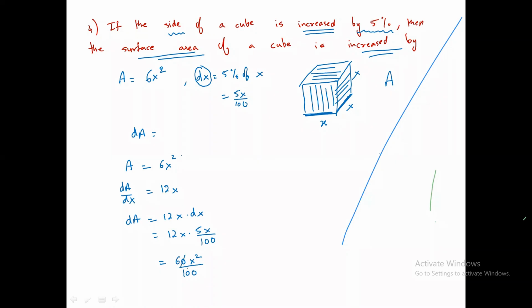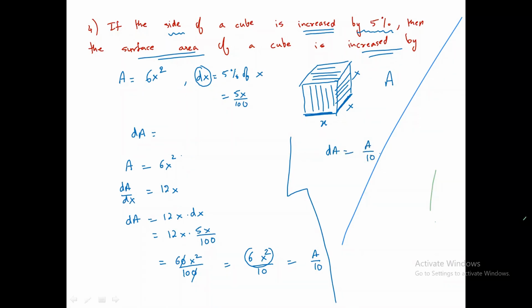Now I can cancel one 0. That means I have 6x square by 10. But 6x square is the area. Isn't it? 6x square is the area. So I will write A by 10. So dA is A by 10.